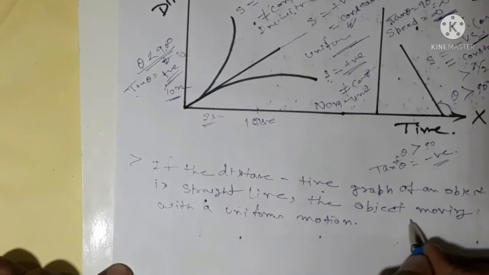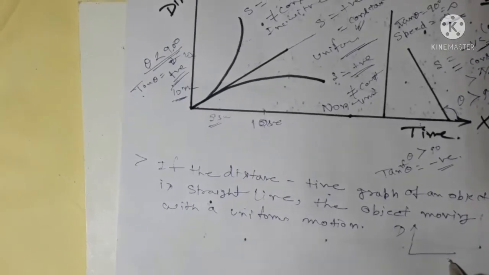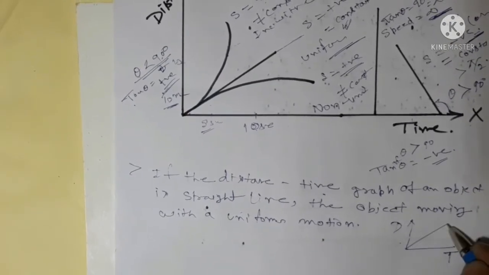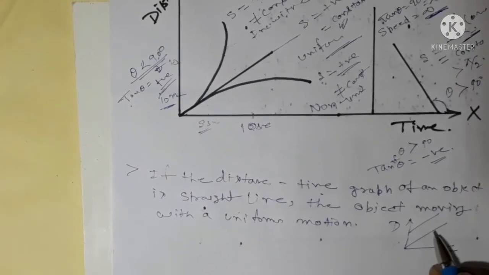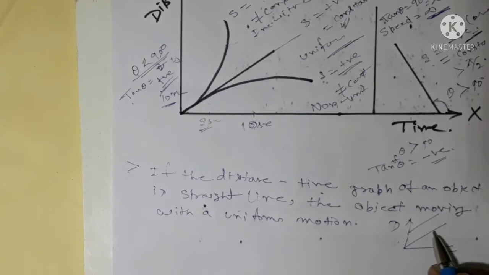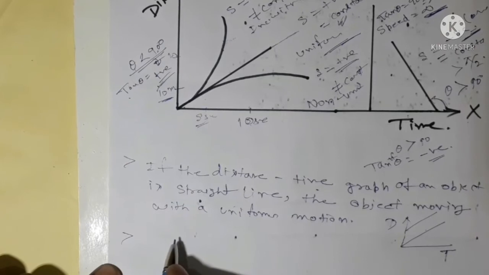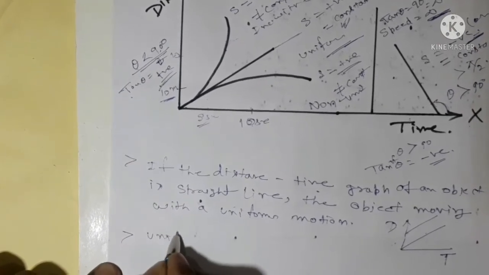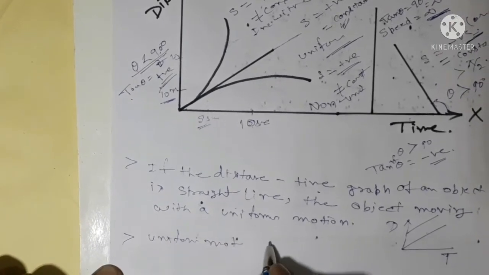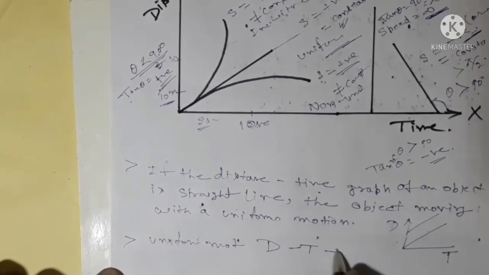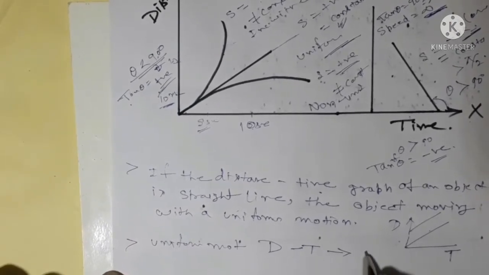If this is the distance and this is the time, and the distance time graph is a straight line, linear, then this type of graph is uniform motion. In other words, if there is uniform motion, then the distance time graph is a straight line.